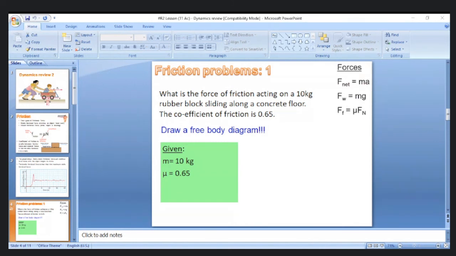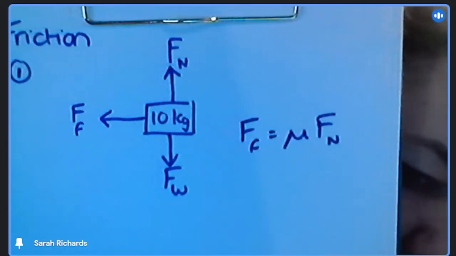So here is my equation. My force of friction is equal to my coefficient times my normal force. So there's my equation that I'm going to be using for this.